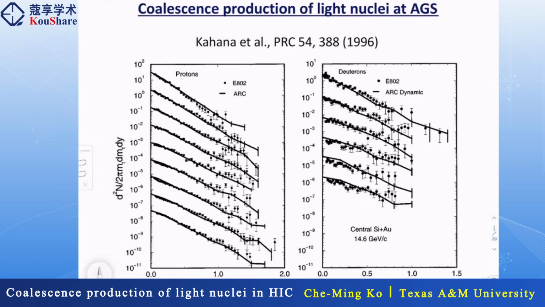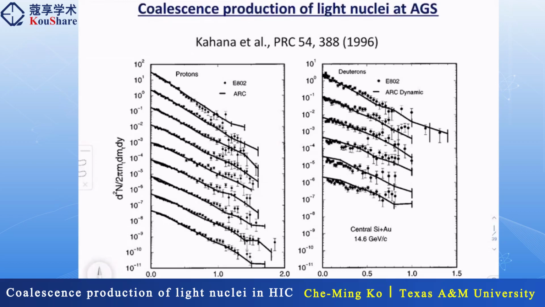Those are all the measured protons and deuterons from the E802 collaboration. At that time there was a transport code called the relativistic cascade code, developed by Kahana, and he fitted the proton spectrum very well with just a simple cascade code.